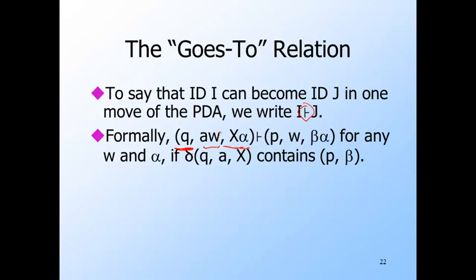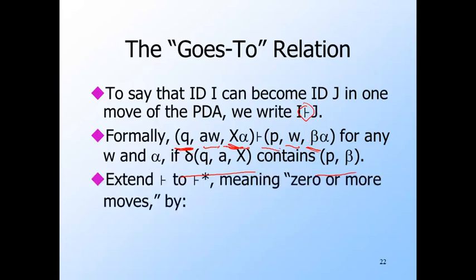Suppose the delta of QAX contains P beta. Then a possible next ID has state P, that's this. W is remaining on the input because A got consumed. Again, A may be a symbol or epsilon, doesn't matter. And with beta alpha on the stack, where the X here got replaced by the beta.